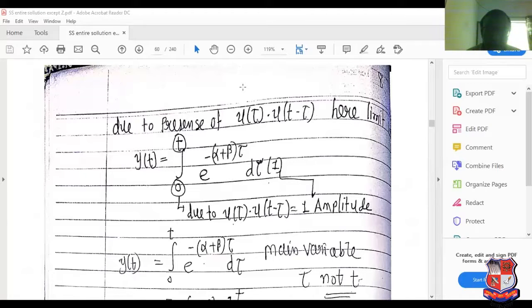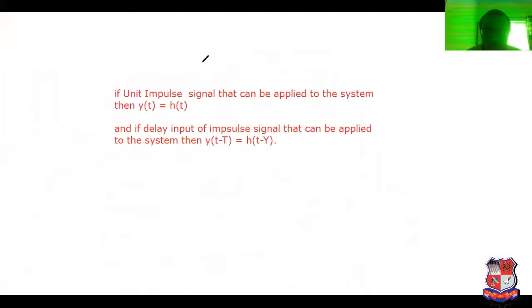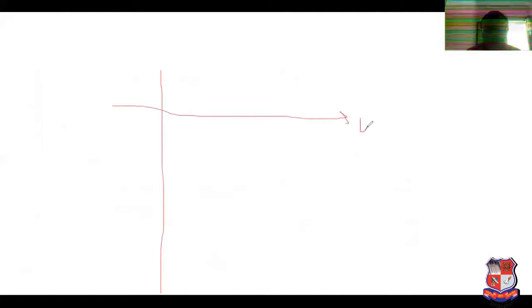Because see this, here it is known as tau, here it is known as u of tau. See this here, tau is the main variable, and here the amplitude of u of tau is equal to 1.